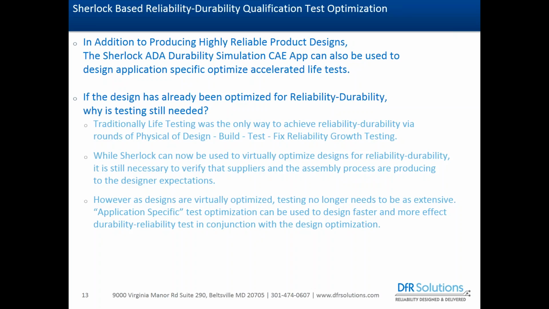And this would often require round after round of design, build, test, fix. With Sherlock, we can now virtually optimize the design for reliability and durability, but it's still necessary to verify that your suppliers and the assembly processes are building and producing to the designer's expectations that were used in the model.